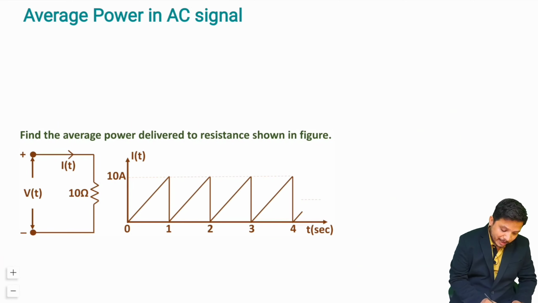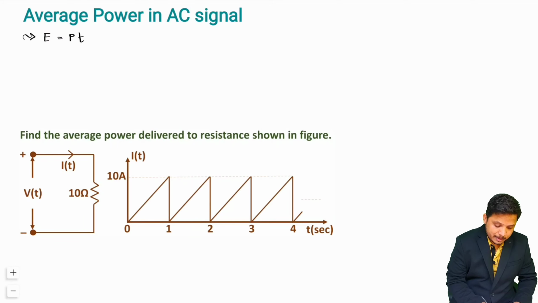When we talk about energy calculation, energy is power into time, right? But if time is variable, then you can calculate energy by integrating power with respect to time. Now power can be expressed in terms of voltage and current.